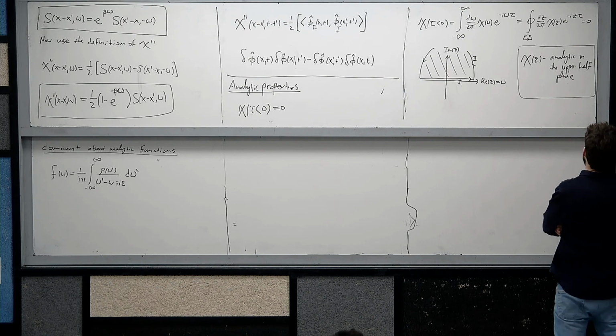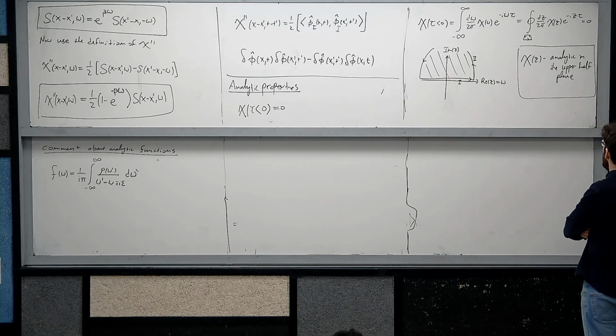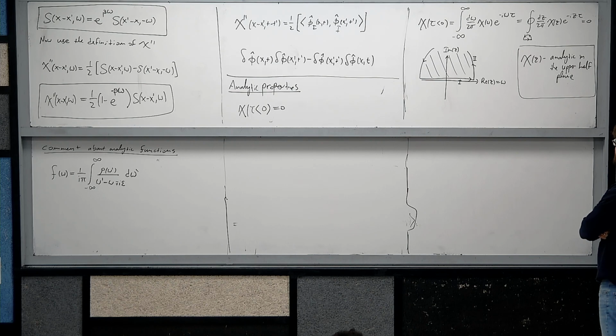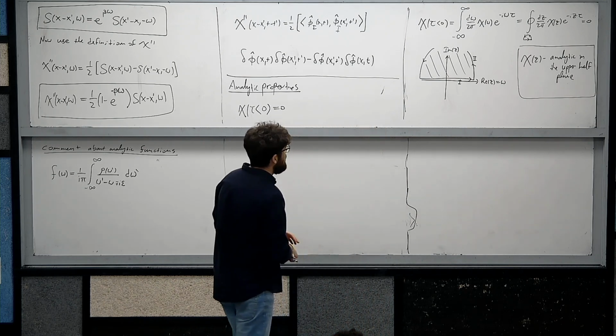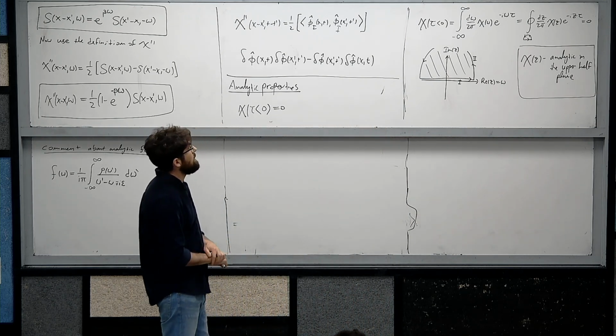Wait a second, but the integral that we're performing is not over chi of z, but chi of z times e to the minus i z tau. So let's try and analyze what you're saying. Let's assume the residue.